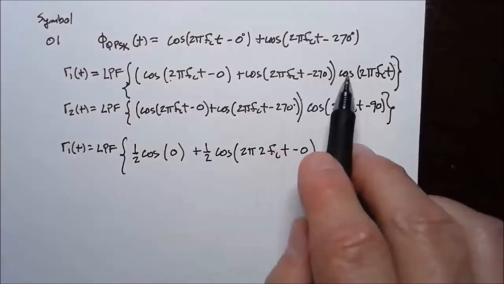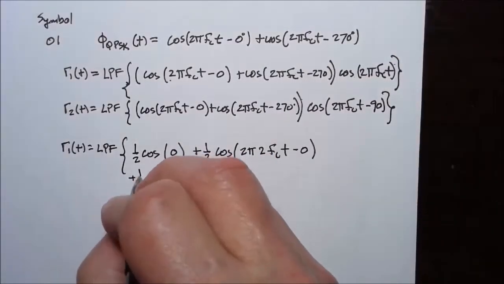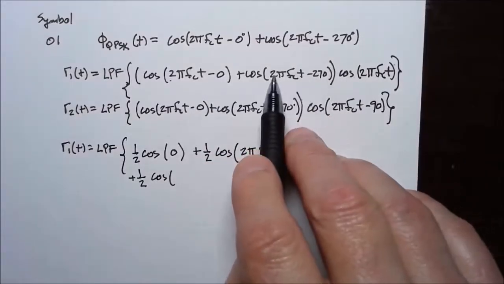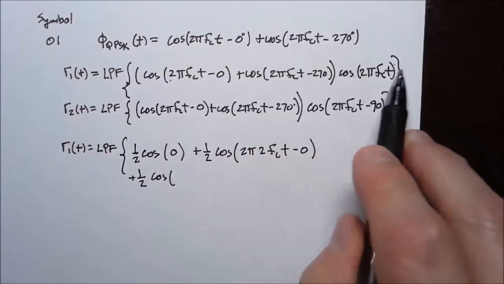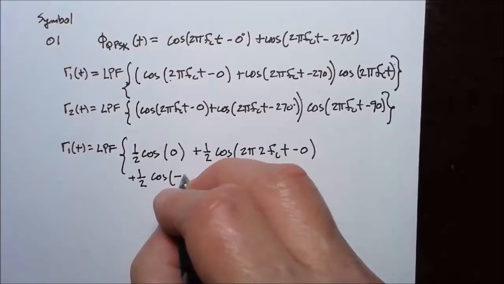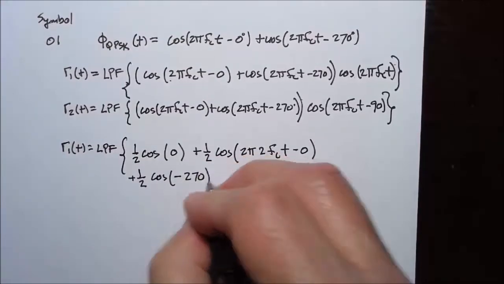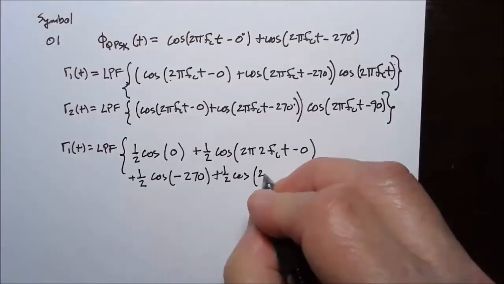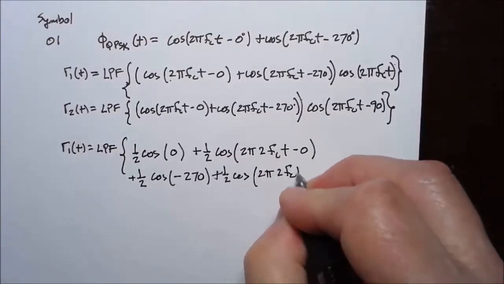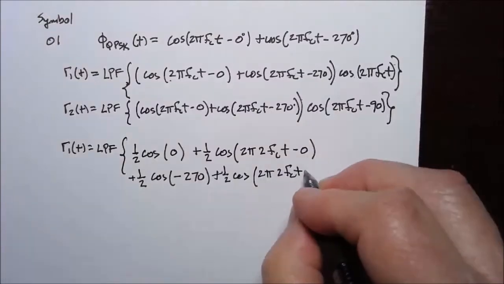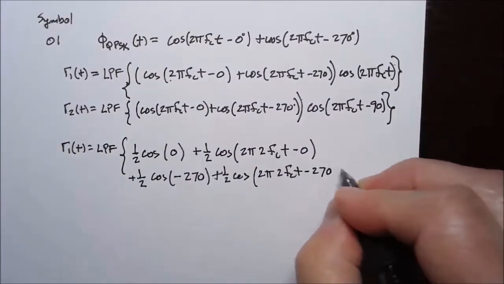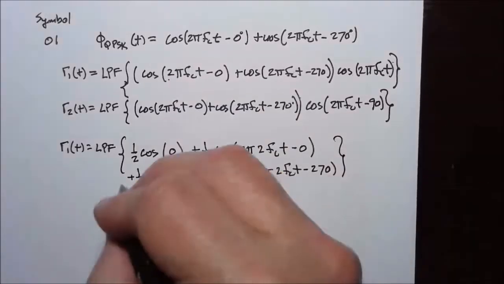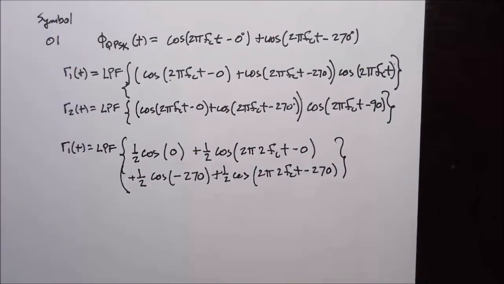And then for the second multiplication, plus 1/2 cosine the difference of the angles, 2 pi FCT minus 270 minus 2 pi FCT leaves minus 270 degrees, plus a 1/2 cosine. The sum of the angles is 2 pi times 2 FCT, and then minus 270. And this now is low pass filtered.